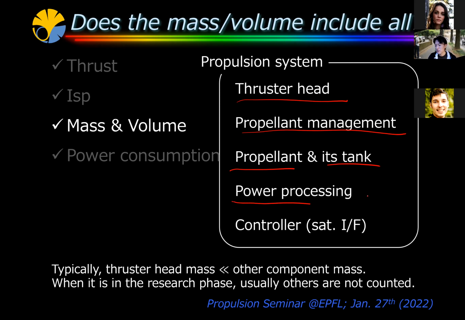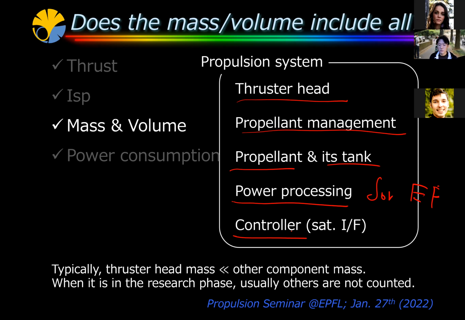This is basically for electric propulsion, where we use high voltage, RF or microwaves. So we need a power processing unit and also a controller. As I said, this is an interface between the satellite and propulsion, and to operate a propulsion system, we need this one. So does the described mass and volume include all of those things or not?